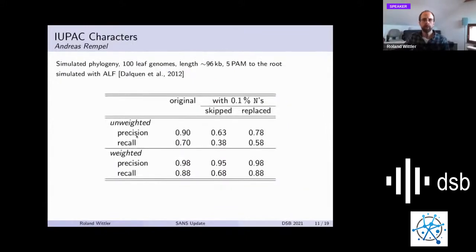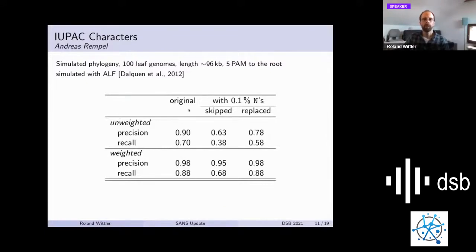So here you see precision and recall, unweighted precision and recall, which means we just count how many splits or how many edges in the tree are correct or wrong or missing. And the weighted precision and recall is also considering the weights of the edges. Original means we have simulated phylogeny and simulated sequences without any ambiguous IUPAC characters, and then we get this precision and recall.